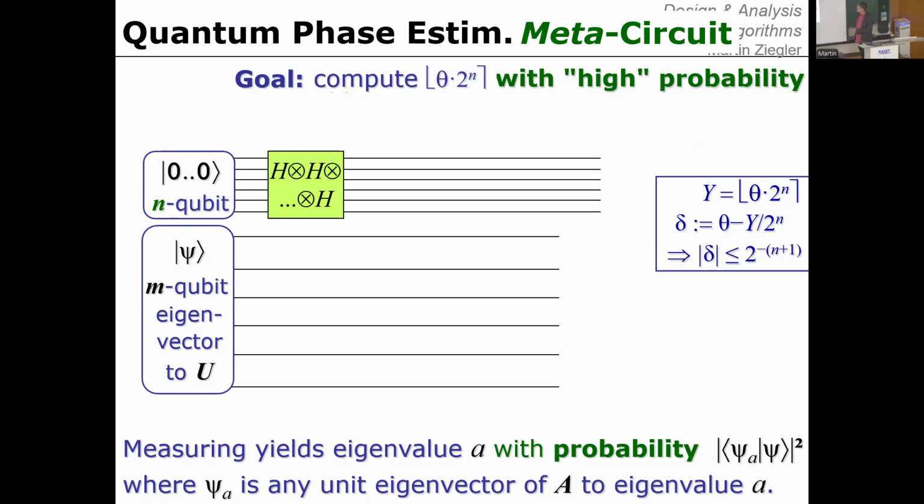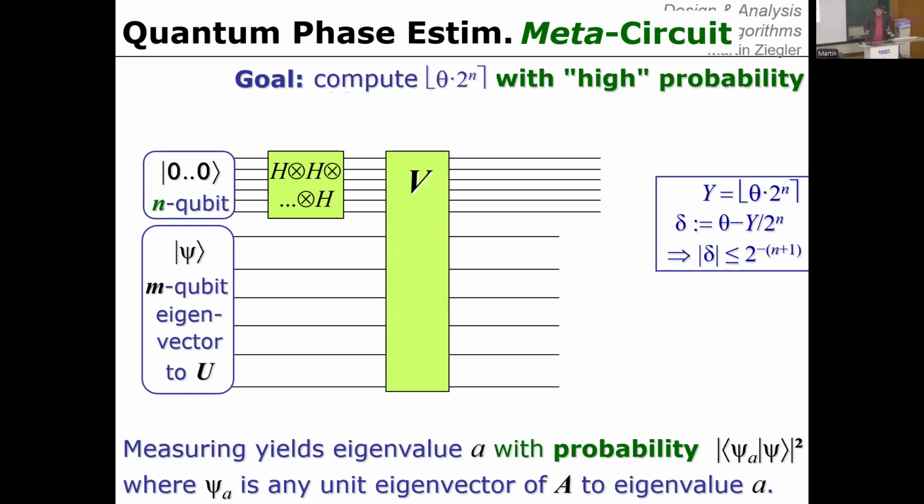And the first thing we do is apply the Hadamard transform on the n qubit dummy input 0 so that we can have again full superposition of all possible resulting values y. And then comes the actual quantum phase estimation meta circuit V, which involves U, of course, and the powers of U, the unitary transform we're interested in.